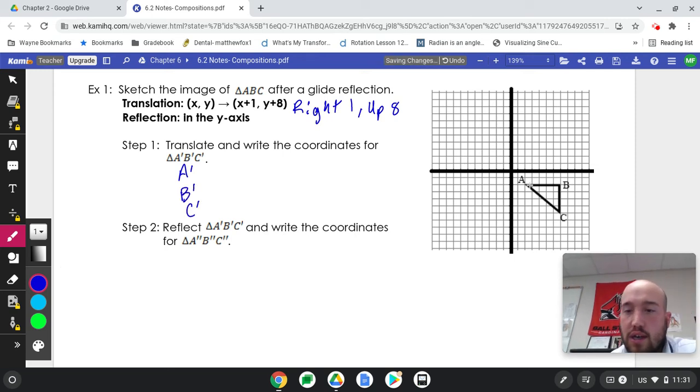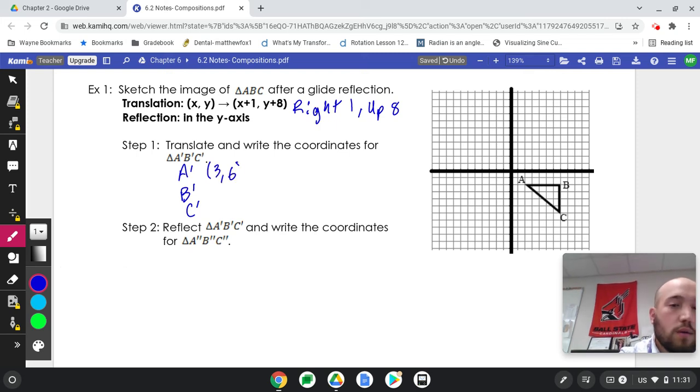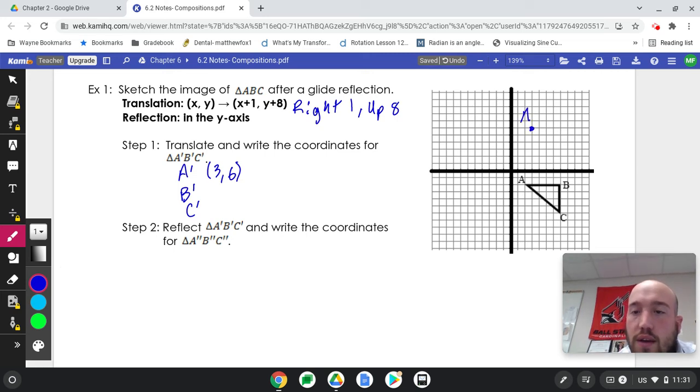So if I look at A, it's right 1, up 1, 2, 3, 4, 5, 6, 7, 8, and that will be at the point, I believe it's 3, 6 here. Okay, meanwhile, I forgot to mark it. That is A prime. Okay, meanwhile, B goes right 1, up 1, 2, 3, 4, 5, 6, 7, 8.